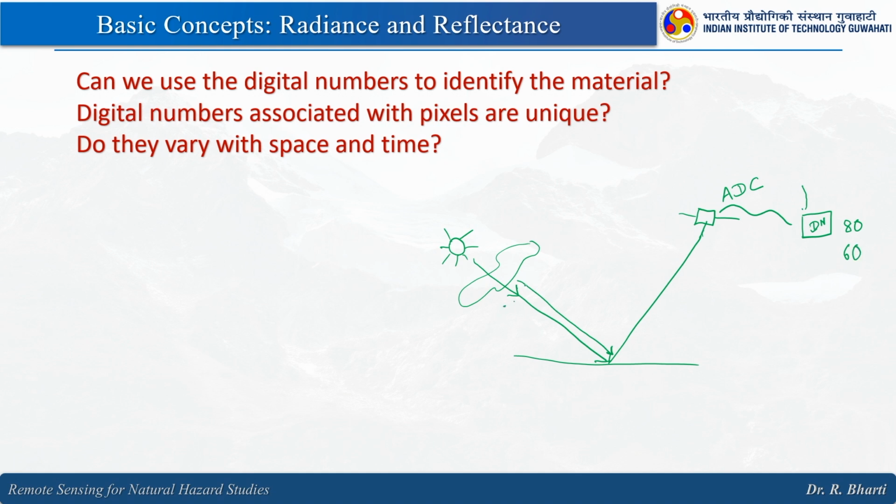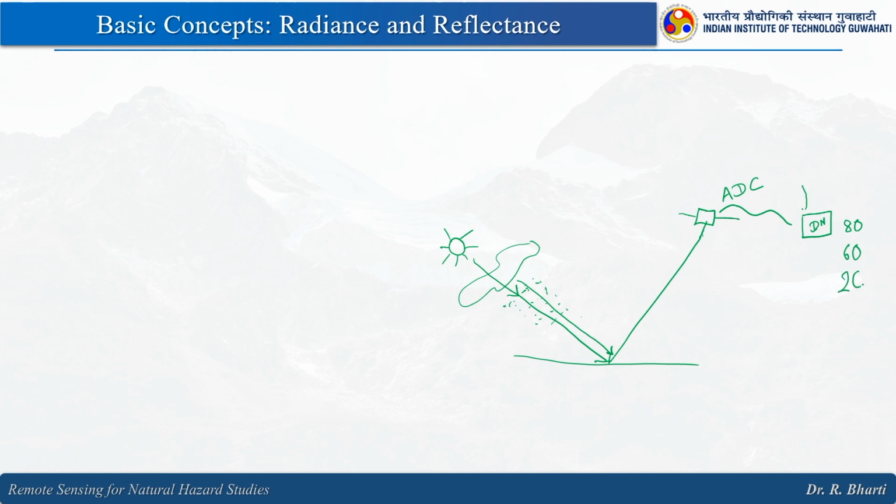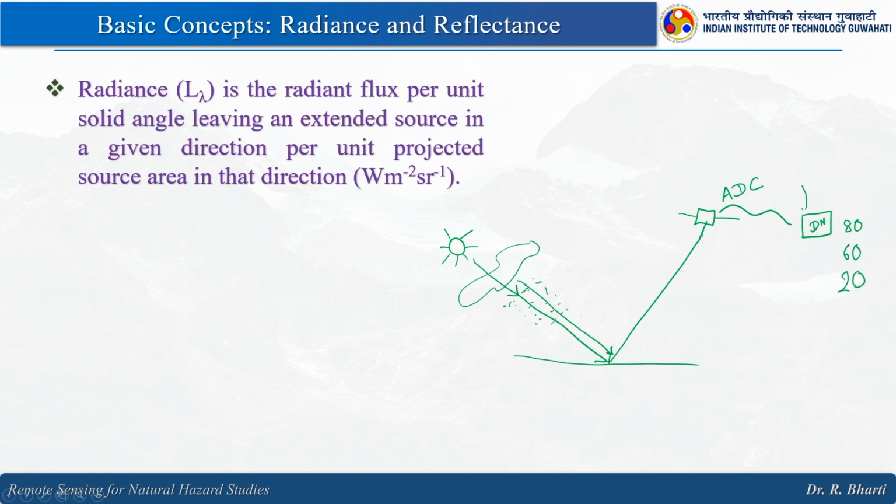Maybe again you put some gases which are not allowing this, and maybe aerosol or dust particles, it may reduce to 20, right. So this 20 to 80 variation is just because of the atmospheric component as well as the amount of radiation which is released by the source, right.